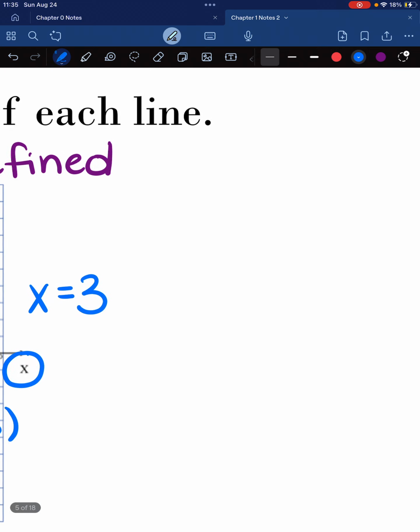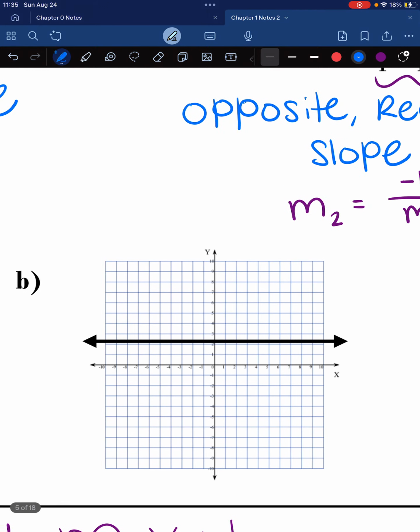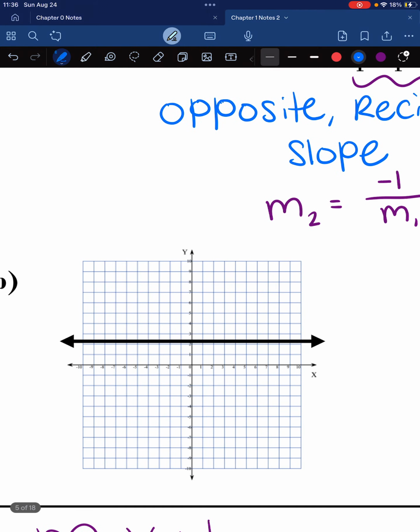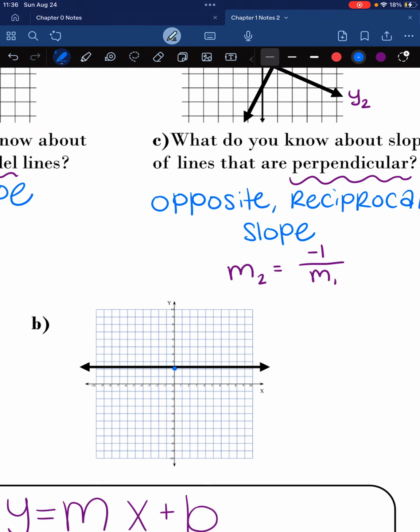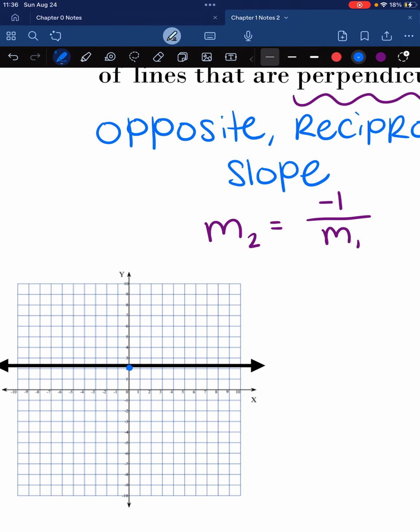Okay, we can use that same trick for my horizontal line over here. And let's pretend I didn't have that above 2 on purpose. Let's pretend it goes perfectly through 2 right here. Okay, so this is going to be, because it crosses the y-axis, y equals 2.